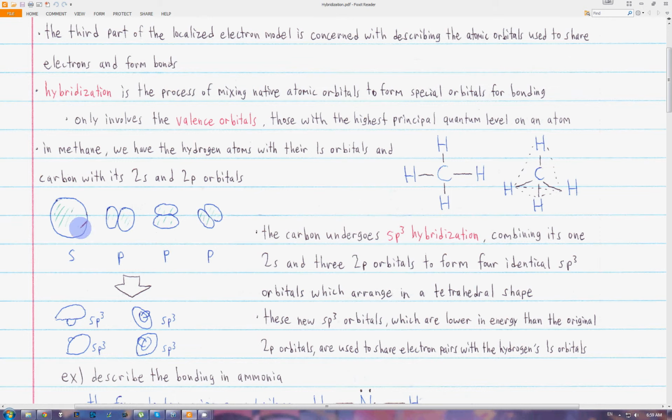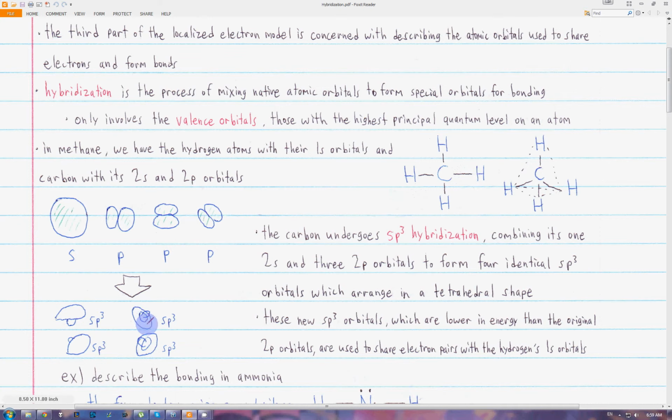So it takes its 2s and 3 2p orbitals and it combines them to form 4 identical sp3 orbitals, which look kind of like a mushroom. And then these 4 orbitals arrange themselves in a tetrahedral shape to hold the bonding electrons with hydrogen.